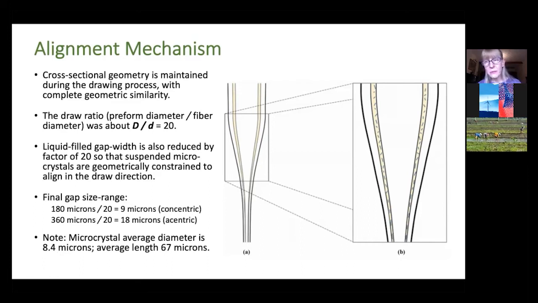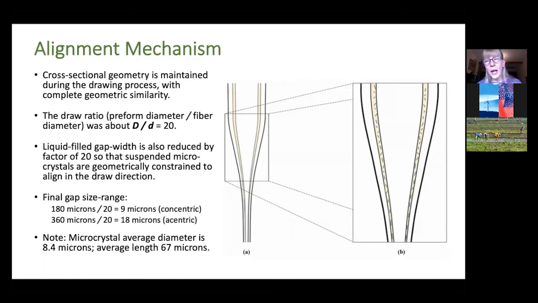And that turns out to be pretty important. If it were much bigger, you wouldn't have as much alignment as we have seen in these results. And if it were smaller, there would be other issues with deformation of the inner rod material of the polymer and the outer tube.